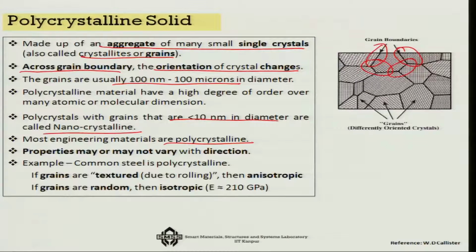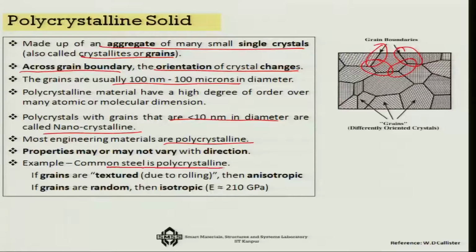So, a single crystal, which is inside a grain, will give you anisotropy, but since there are many grains, there is a random distribution of anisotropic properties. So, this gets averaged out, and if there is no preferred grain direction or orientation, it may give you an isotropic property.